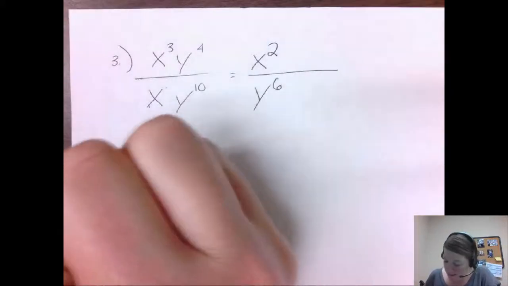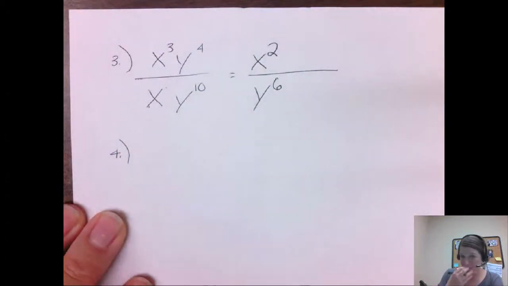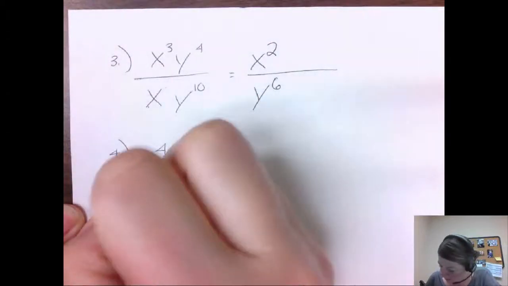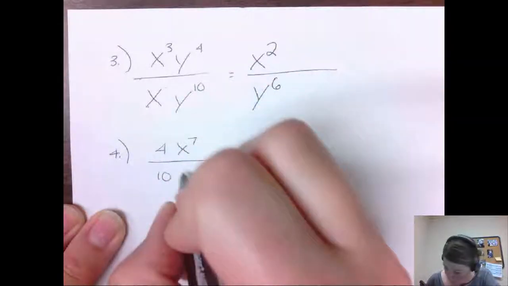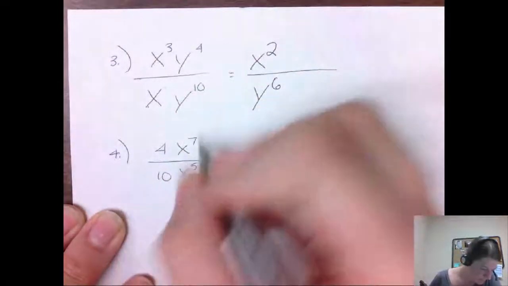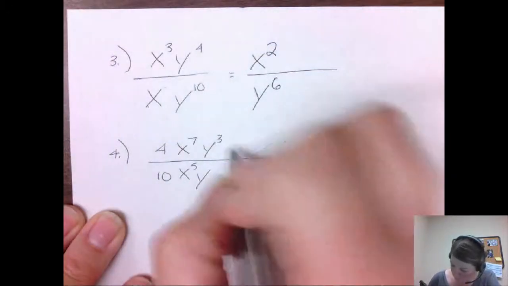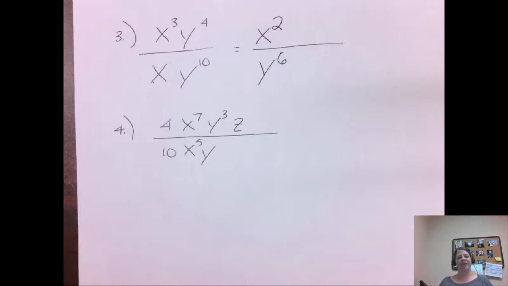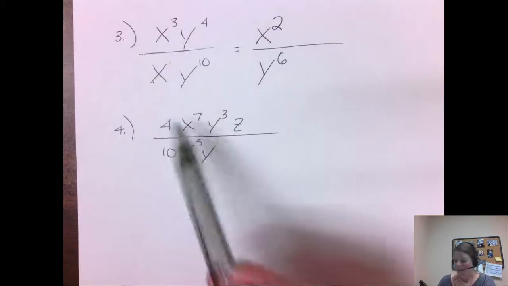Now let's look at how you're really going to see your problems, because this is the idea. This is something you've seen before, but of course I want to make sure you remember it. Okay, let's make it harder. So if I have something like this, 4/10, and then you have the x to the 7th, the y to the 3rd, z, and then x to the 5th, y, we have numbers in here.